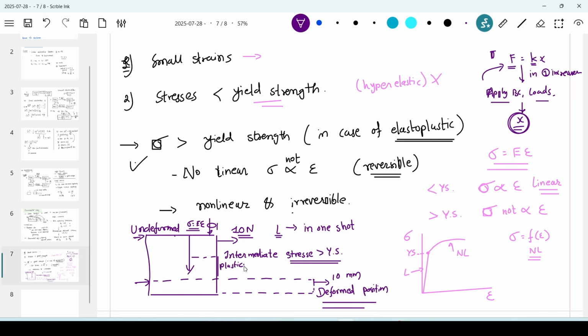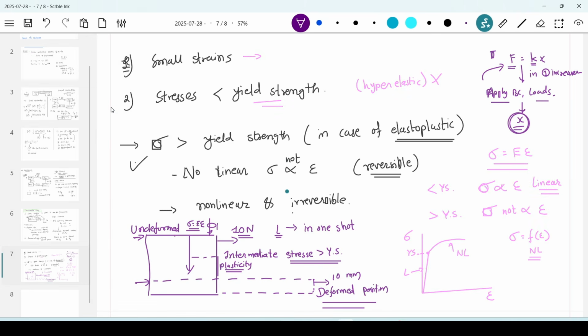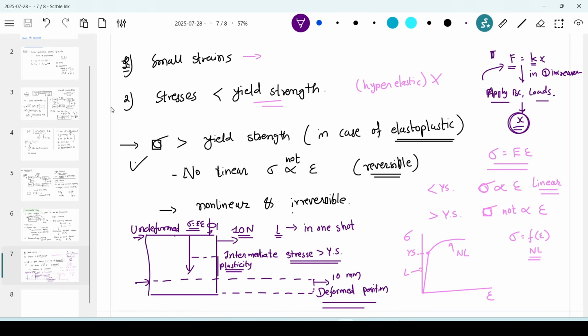Your stresses might be more than yield stress, so that you are not capturing. That is the point I am trying to make here. Is it clear? It's straightforward, there is nothing much complexity here.